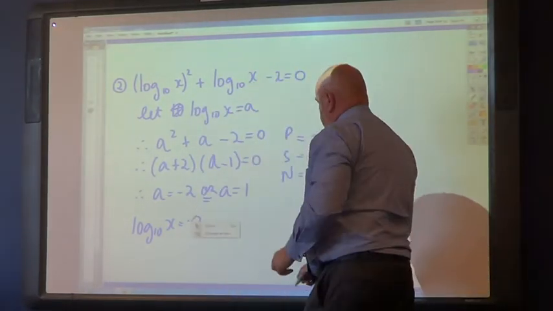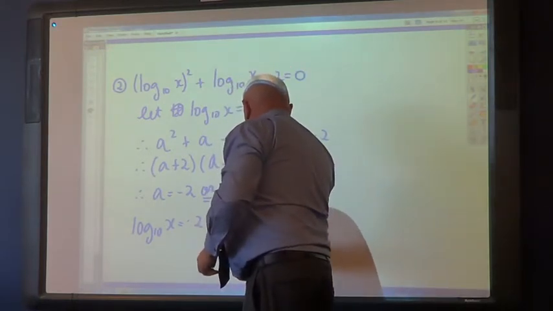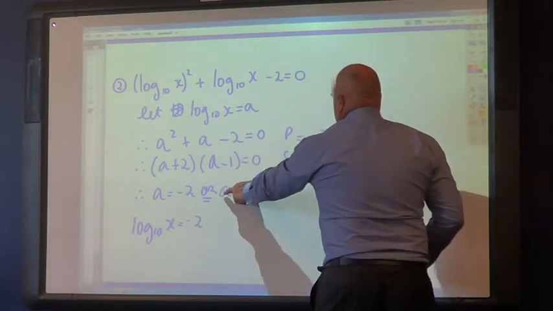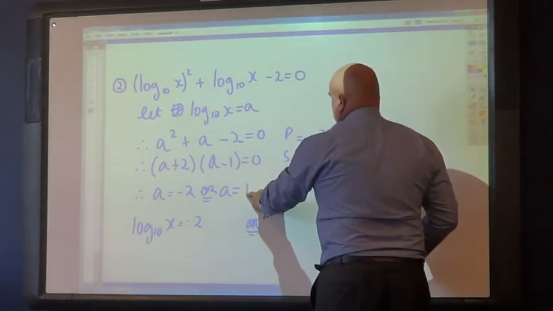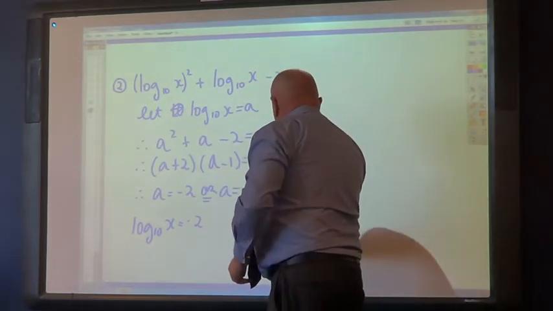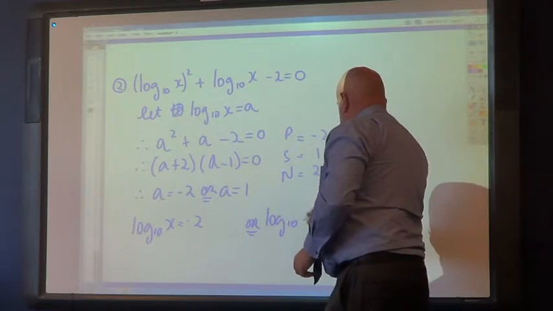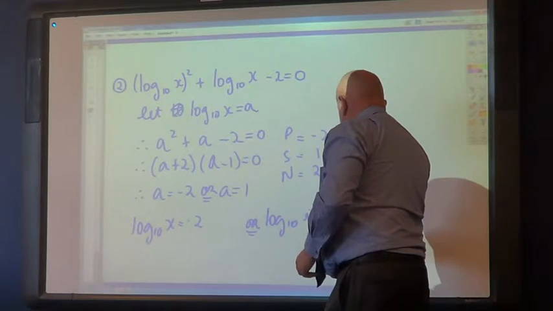Or a equals positive 1, but a equals that. So log base 10 of x equals 1.